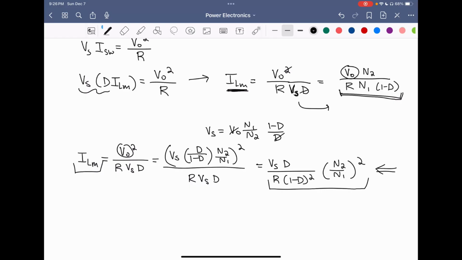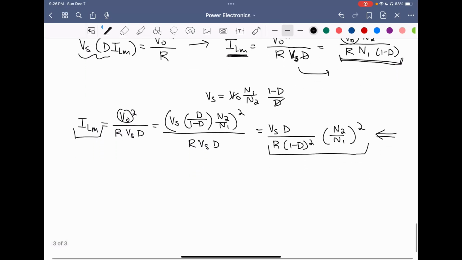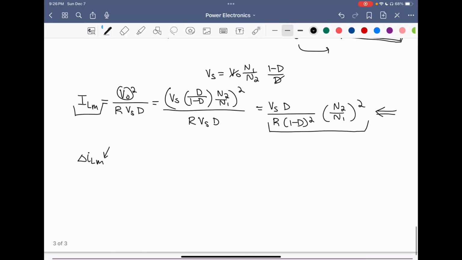So now we have the average magnetizing current. Now what is the delta magnetizing current, the change in ILM? We know the inductor characteristic equation is VLM equals L dIL over dt.